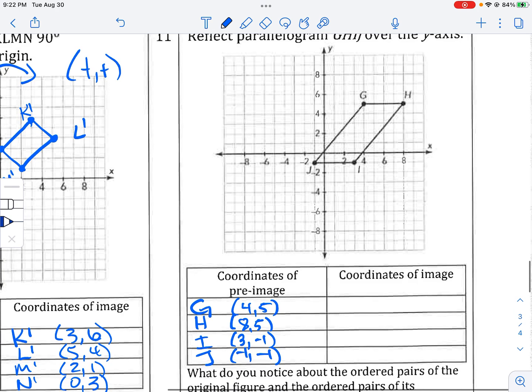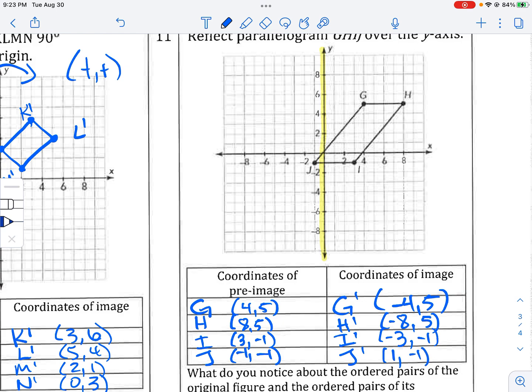Then it wants to reflect over the y-axis. That means the x values change to the opposite. So G prime would be -4, 5. H prime would be -8, 5. I prime would be -3, -1. And J prime would be 1, -1.